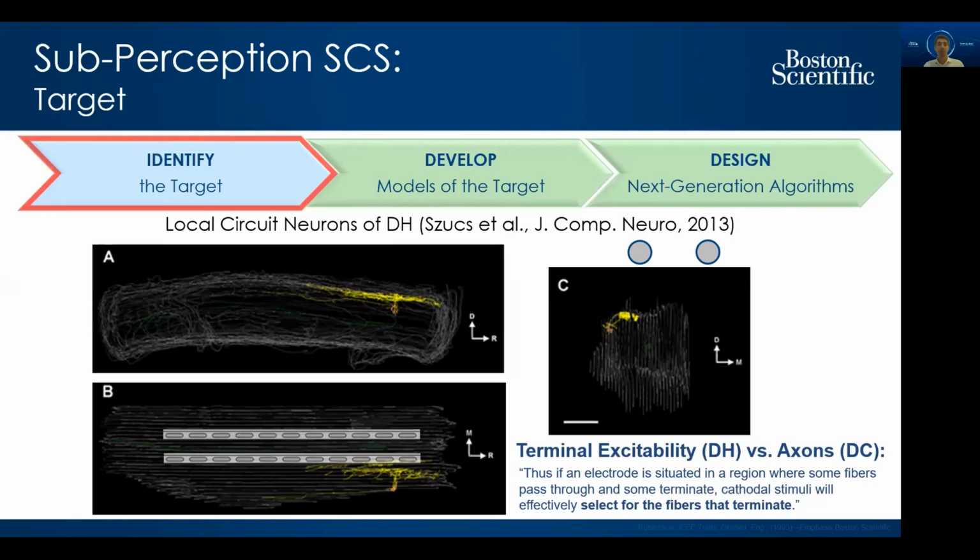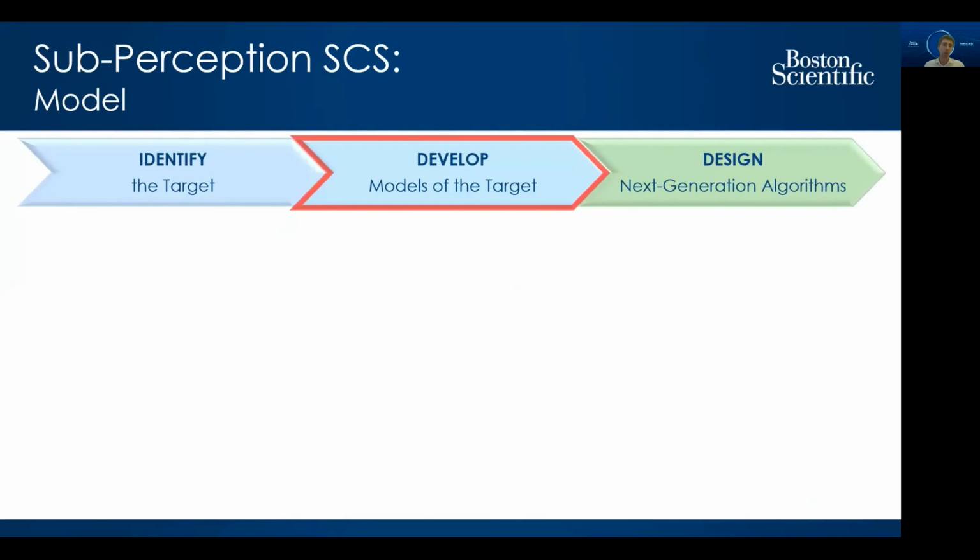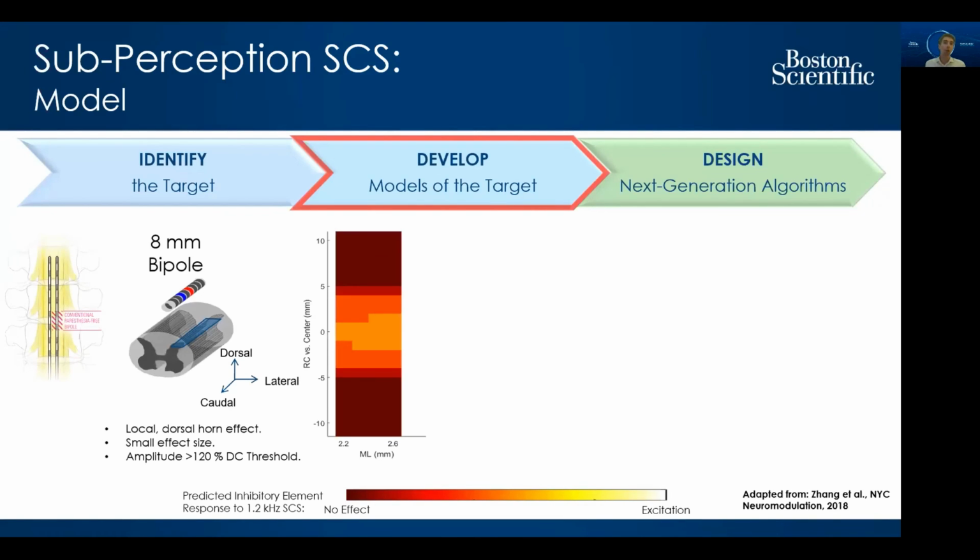And to test this hypothesis, we have built a simplified model that captures the properties of those cells. And we were able then to simulate the response of those interneurons under several electrode configurations. When using a conventional 8mm bipole, the model predicts a mild and localized effect on the dorsal horns.